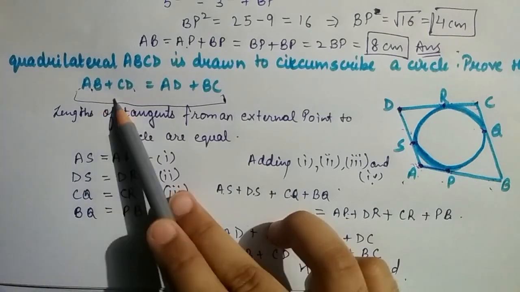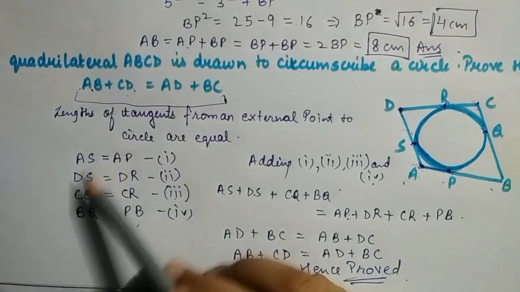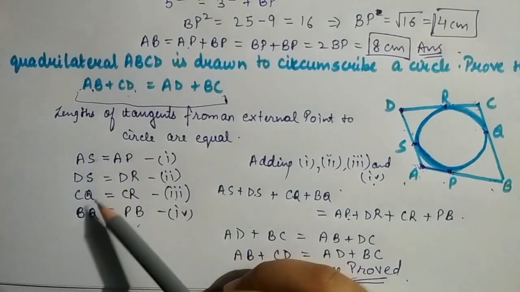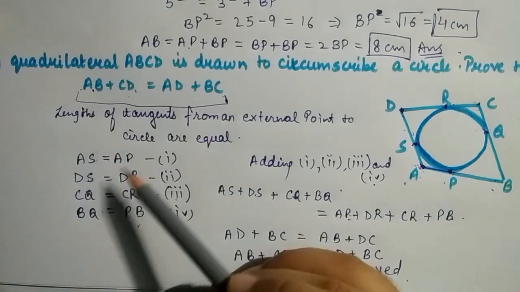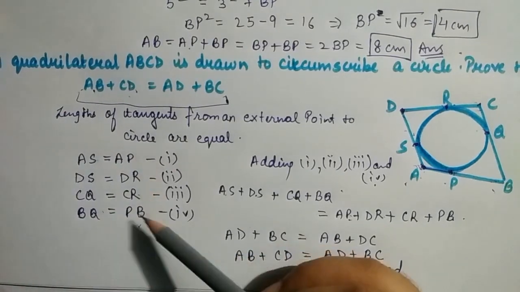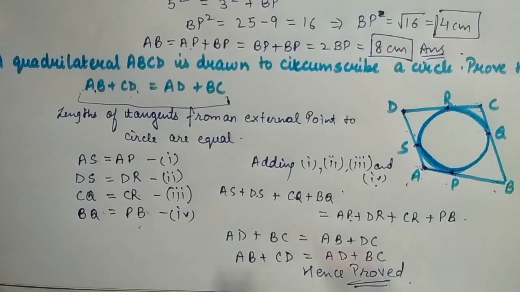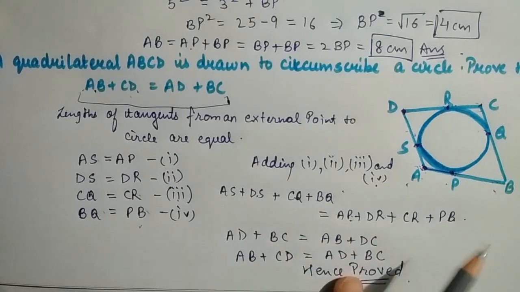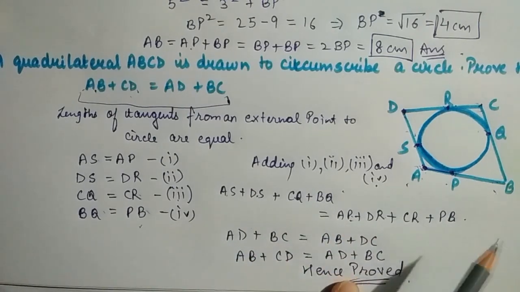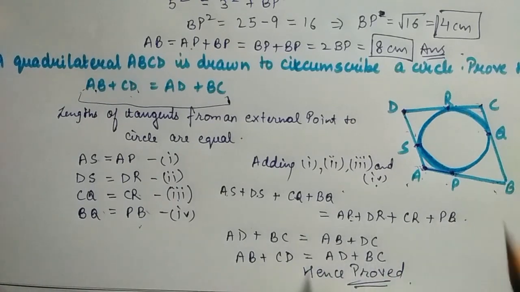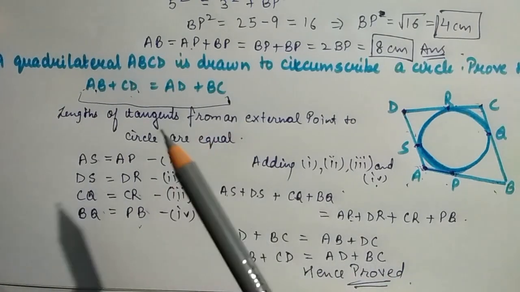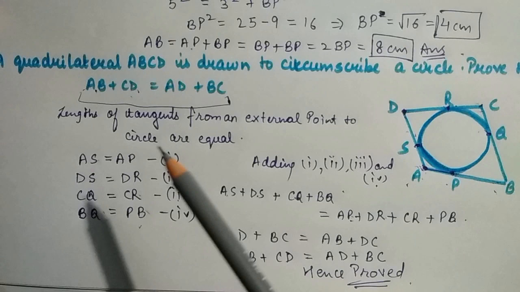So keep AS, DS, CQ, BQ on one side and AP, DR, CR, PB on the other side, so that you will get these terms only. Otherwise you can create confusion for yourself. So it is better to keep the terms that you want on one side on that side only.